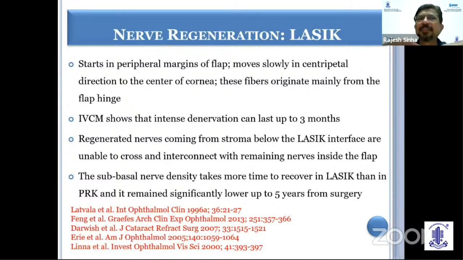However, the regenerated nerves coming from the stroma below the LASIK interface are unable to cross and interconnect with the remaining nerves inside the flap. The subbasal nerve density takes more time to recover in LASIK than in PRK, and studies have shown that even up to 5 or 10 years after surgery, it has not returned to its pre-surgical values.